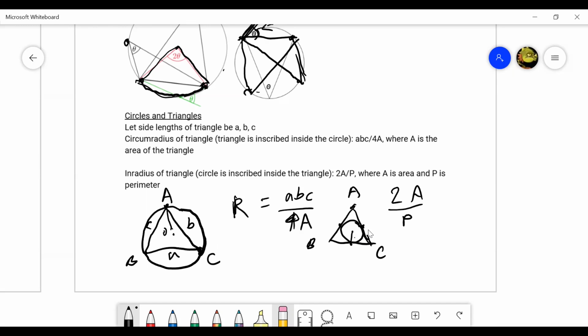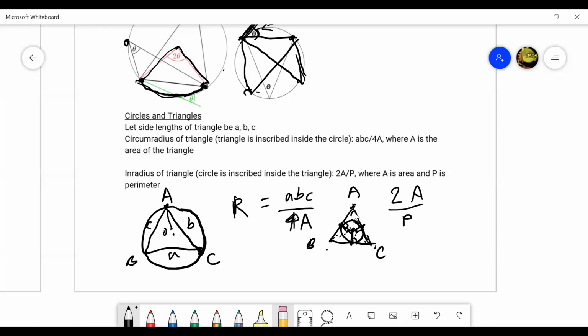And this is actually pretty easy to show because when we draw the radii to the tangency points, they're perpendicular. And then if we connect the incenter, denoted I, to the 3 vertices A, B, and C, you'll see that we form 3 triangles: incenter BC, incenter CA, incenter AB.